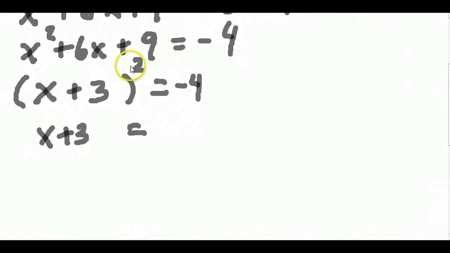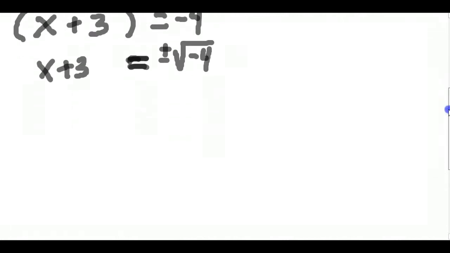X plus 3 squared, take the square root of that, we get x plus 3, right? We're just taking the square root of x plus 3 squared equals negative 4. Now we have to do plus or minus the square root of negative 4.